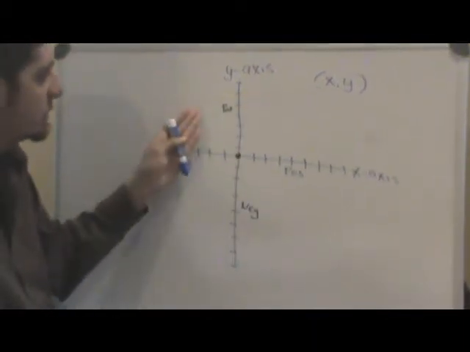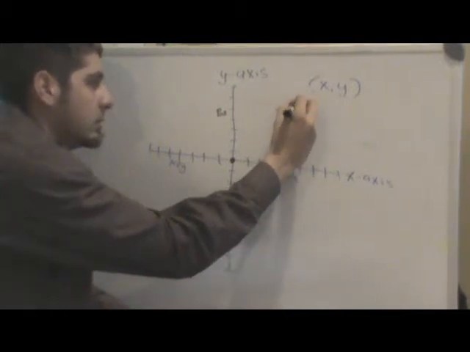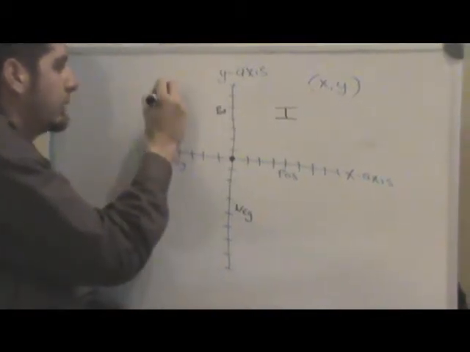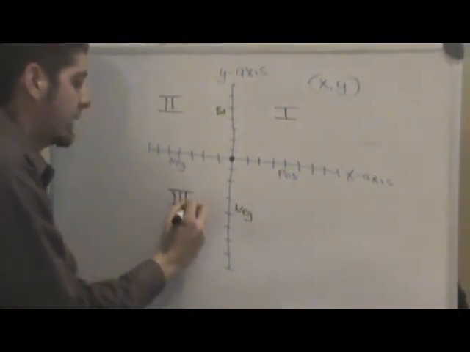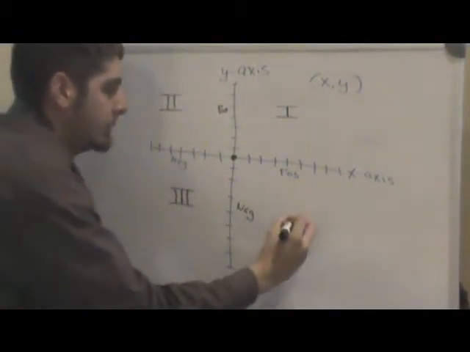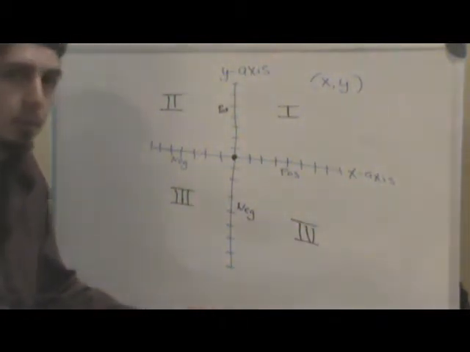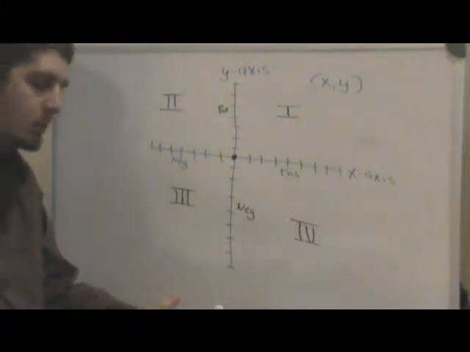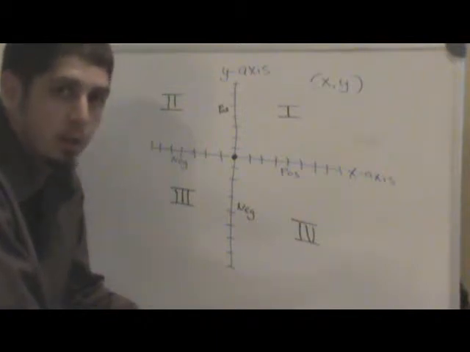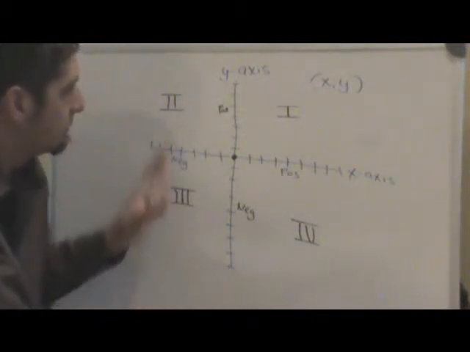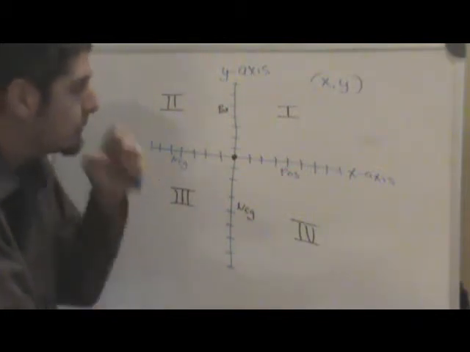So we have 4 different spaces on the coordinate plane, and we have given labels to these different quadrants because it makes it easier to talk about a set of data or a set of points. When you have a bunch of points on the graph, it's easier to talk about these points. And it's easier to refer to different parts of the coordinate plane when you have labels for the different parts.